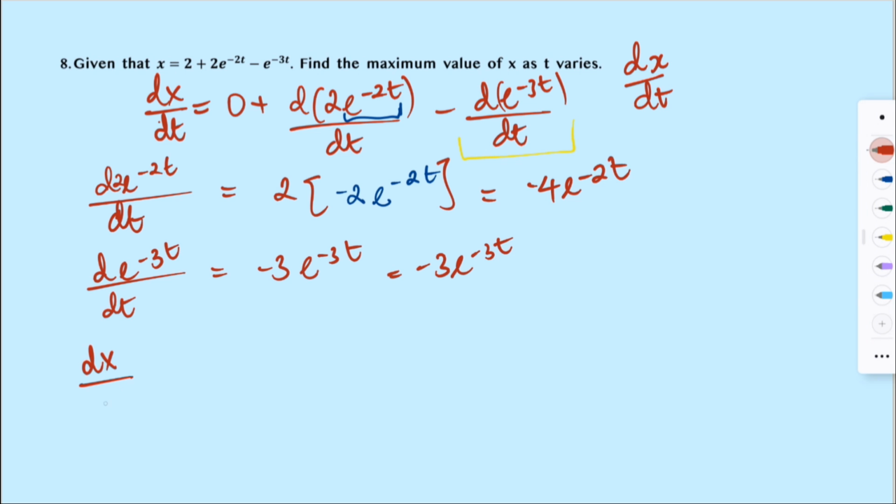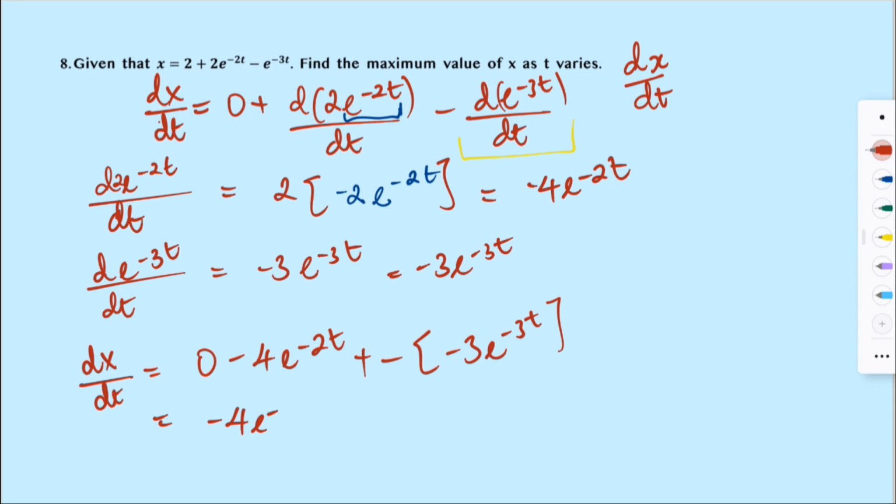dx/dt would be 0 minus 4 e to the power negative 2t plus the negative, we put the derivative here, negative 3e to the power negative 3t. This would be negative 4 e to the power minus 2t plus 3e to the power negative 3t.